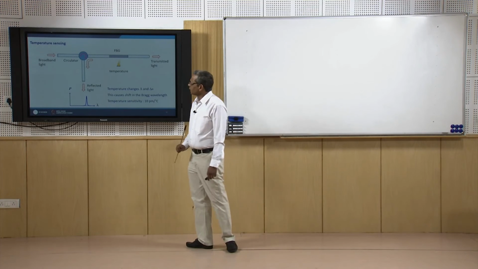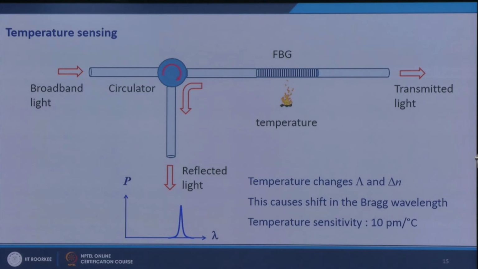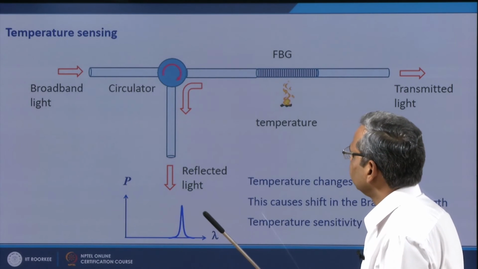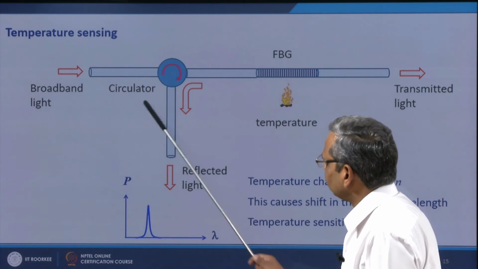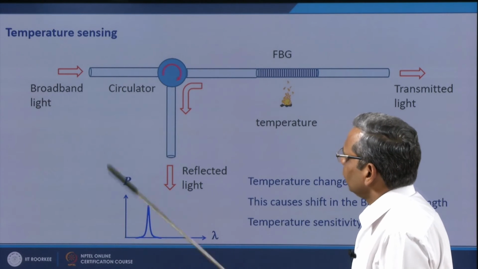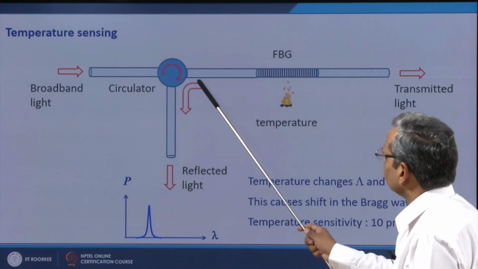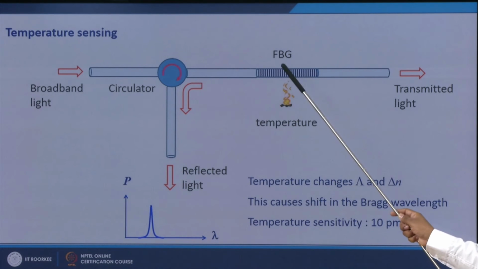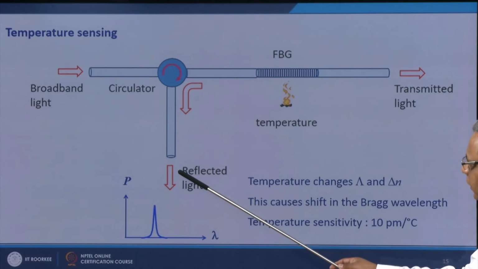So, in both the cases, if you look, the experimental setup is similar, that you launch light into the fiber Bragg grating inscribed in a fiber using a circulator. So, this is the broadband light you incident. Broadband light goes there, one particular wavelength is reflected back and is collected here.